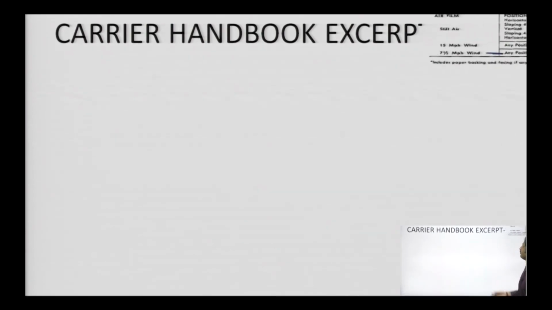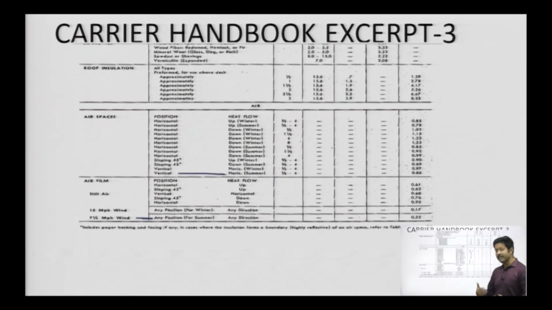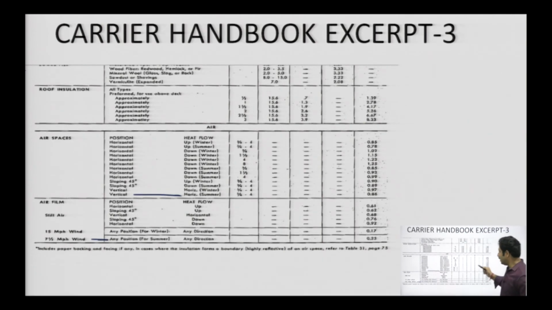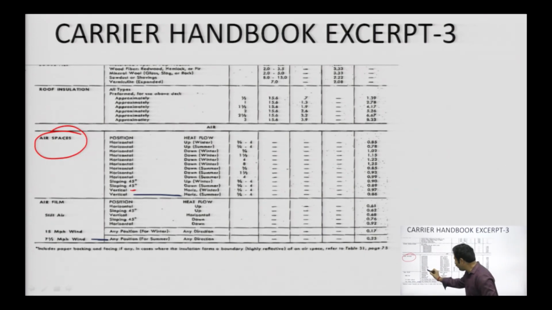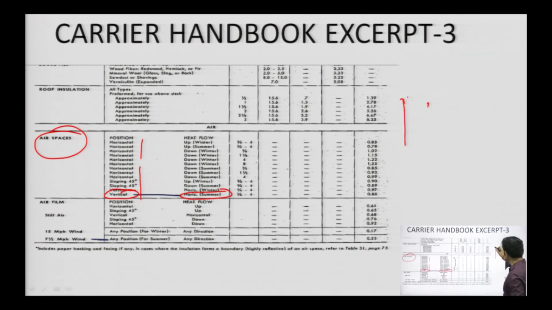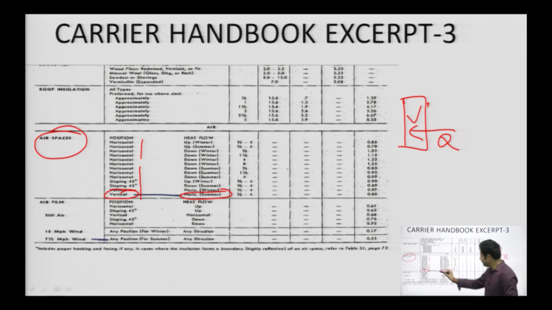Now this is another Carrier Handbook excerpt, which takes care of the inside and outside air. You can see the air spaces here. The wall position is vertical and the heat flow is horizontal, as I have already shown you.